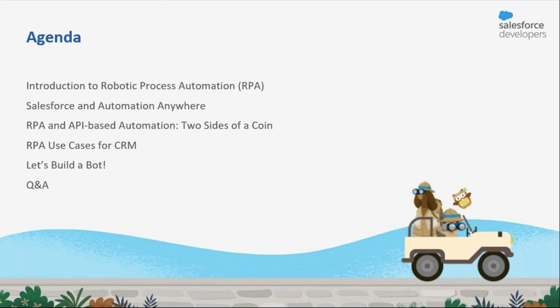We will also look at the differences between RPA and API-based automation, like two sides of a coin. Then we will look at specific RPA related use cases for CRM. And then we will also show you live demos on how you can build a bot and run it. And last but not the least, whatever questions you have, we are more than happy to answer.